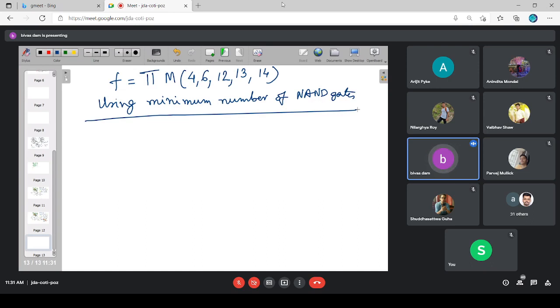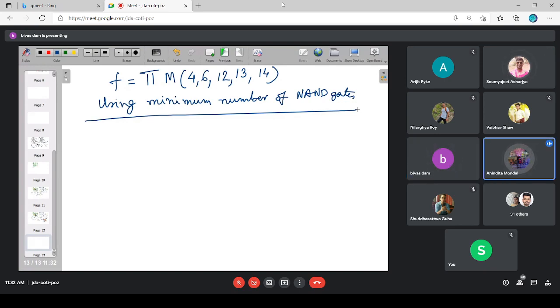In which form has this function already been represented? Max terms, product of sums, POS. It's in POS form. But how is the function required to be designed? SOP. Where are you getting that clue from?